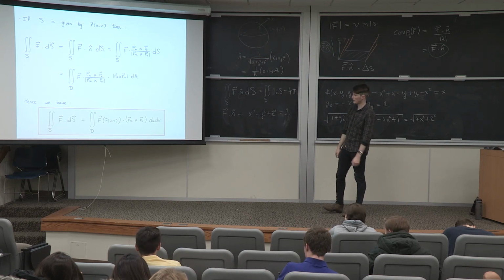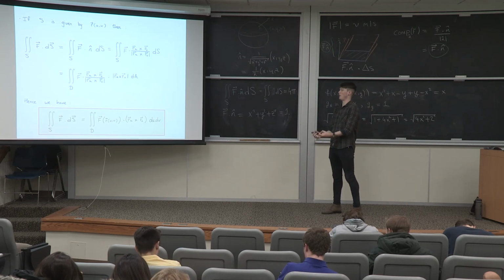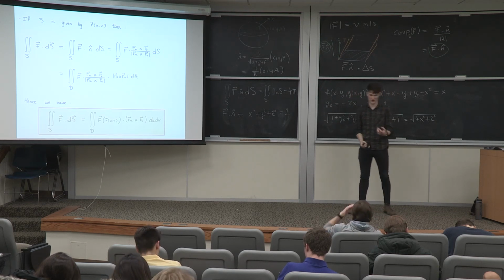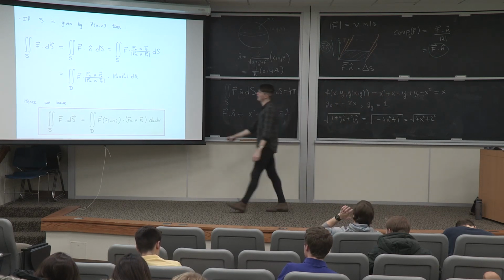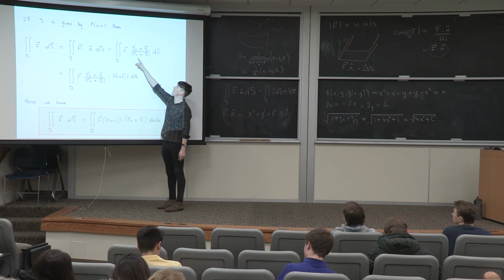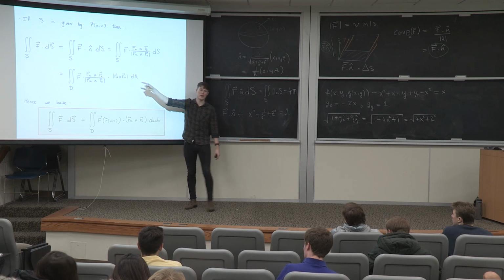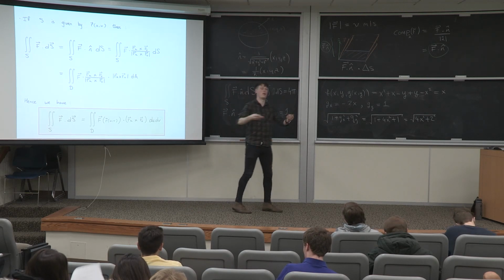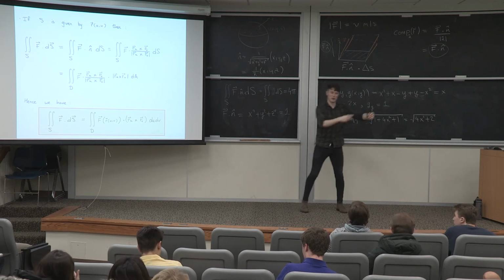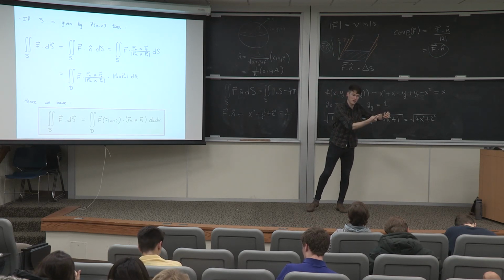Okay? Now, I want to emphasize how useful this is. Look, if I asked you to compute n, what do you have to do? You have to compute r_u cross r_v, and then you have to find the length of this thing, and you've got some horrible formula that probably involves a square root. Then you're going to multiply it by dS, which is this magnitude.